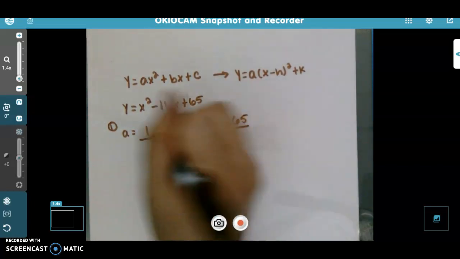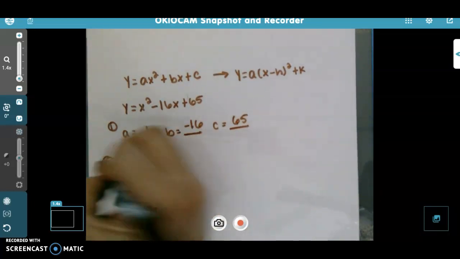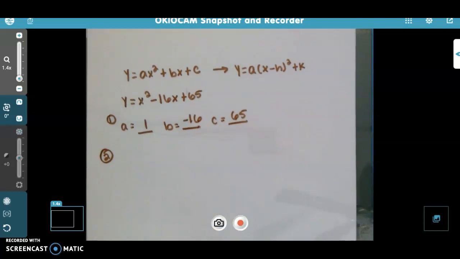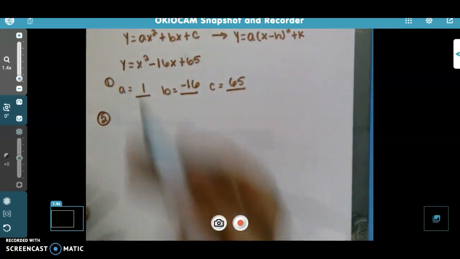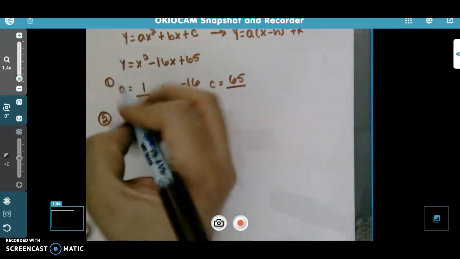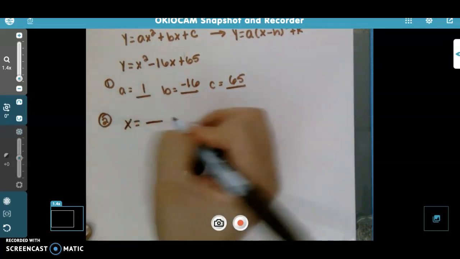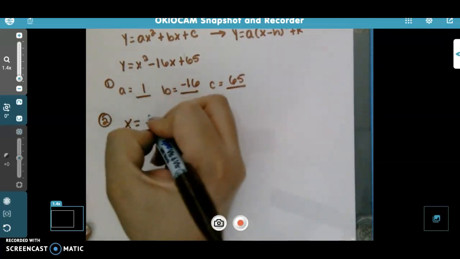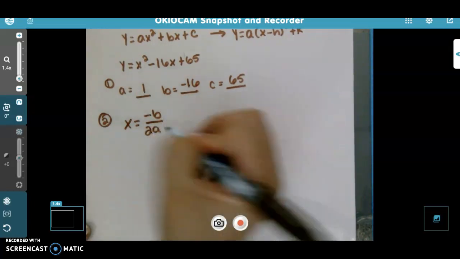Okay, so knowing these coefficients, now in step 2, I'm going to use the axis of symmetry formula. And this is a formula that you should already know. So if you don't remember, I would write this down if I were you, because you should be writing this down to solve problems. So it's x equals negative b over 2a.